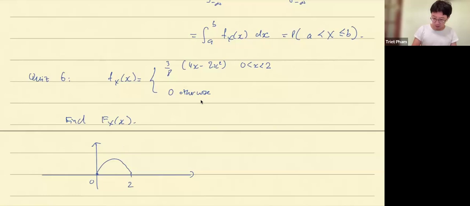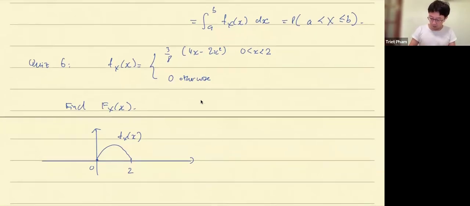So with the CDF, you need to give 3 ranges of values: below 0, between 0 and 2, and beyond 2. So a piecewise function. It's clear that this is 0 for x less than or equal to 0, because the PDF is 0.